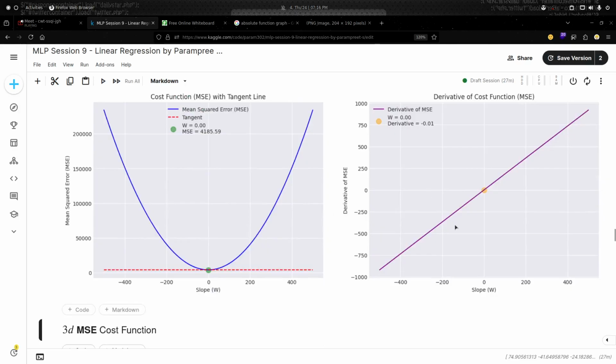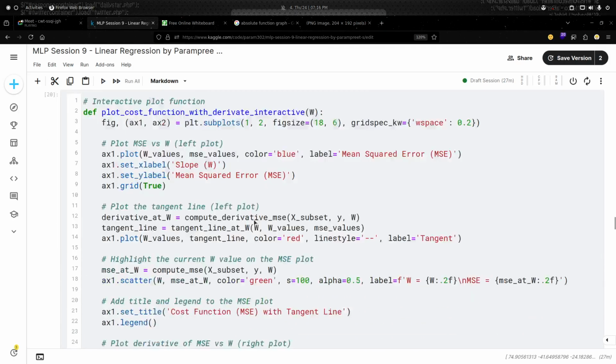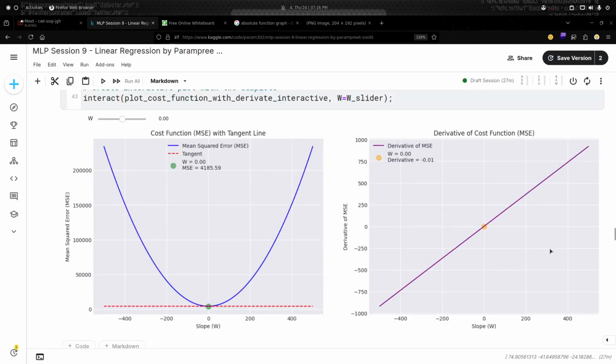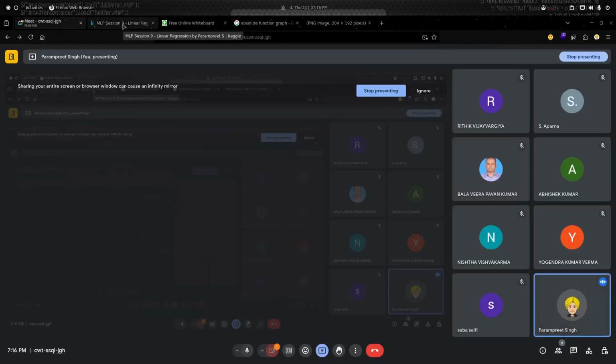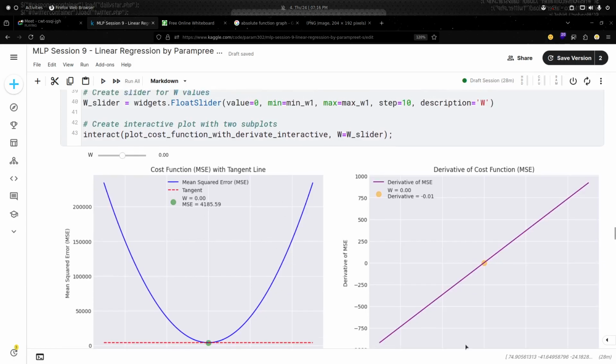The left graph is the same as above, and on the right side we have another graph, the derivative of this cost function. The derivative of any function is the slope, right? So for this squared error, we have the derivative plotted here.